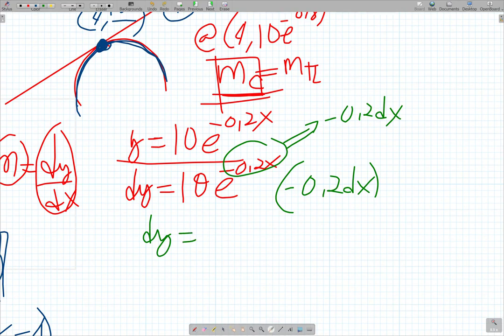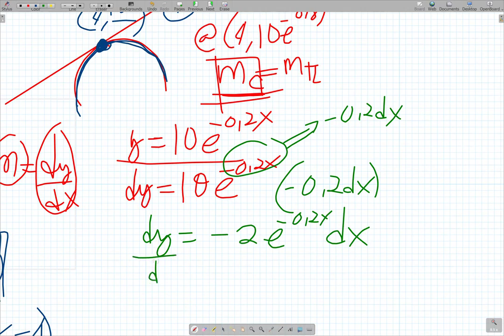We can multiply negative 0.2 times 10, that is negative 2. Okay, it's negative 2, then e negative 0.2x dx. So I'm looking for the slope, which is dy over dx.